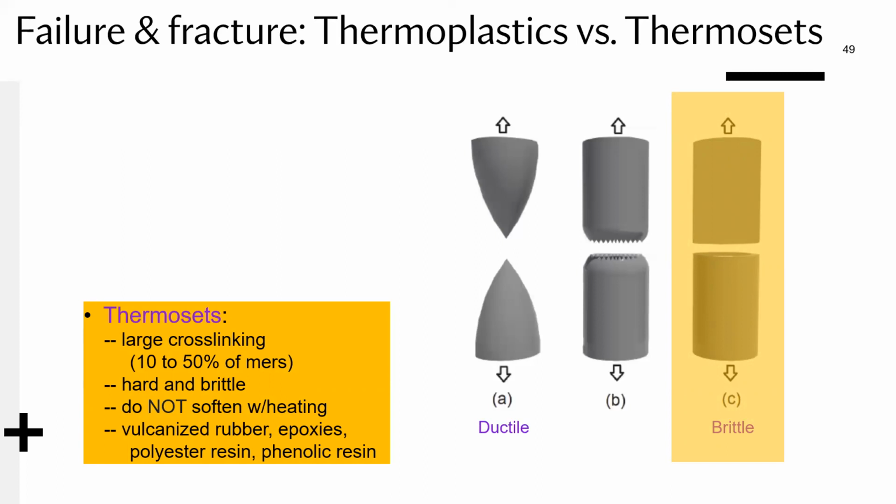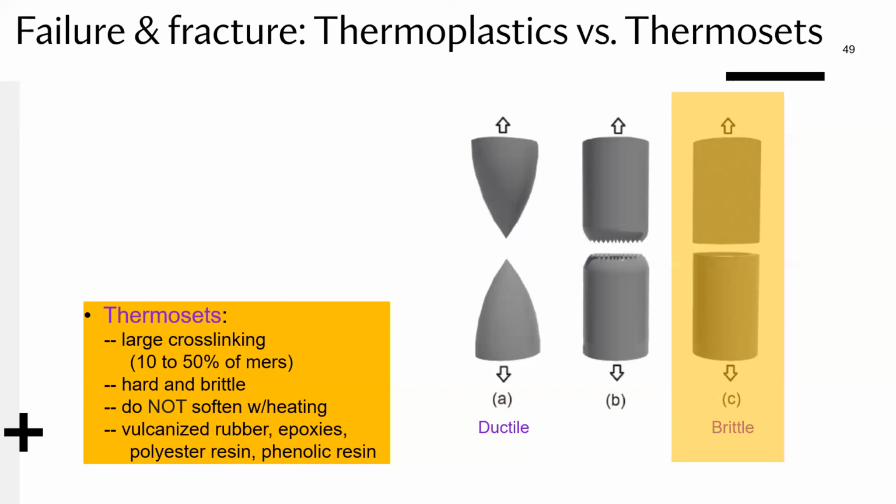They do not soften, and I emphasize, when we first talked about thermosetting polymers versus thermoplastic polymers, we mentioned the main difference was that the thermoplastic polymers, as the name suggests, turn into sort of a plasticky behavior when you heat it up. Thermosets do not do that.